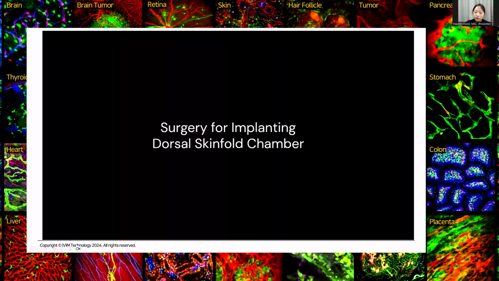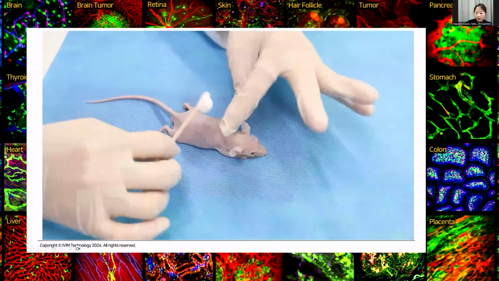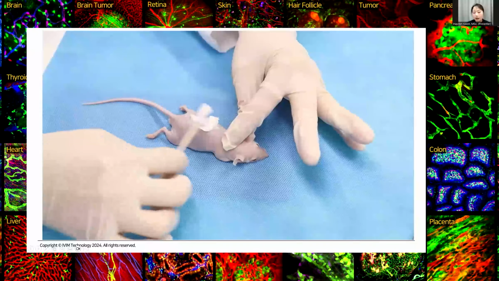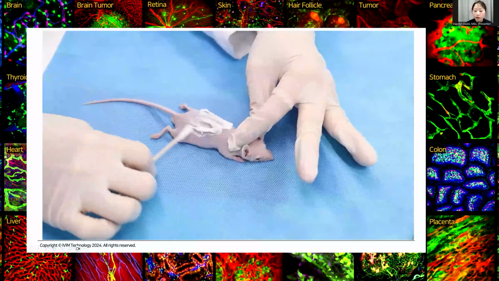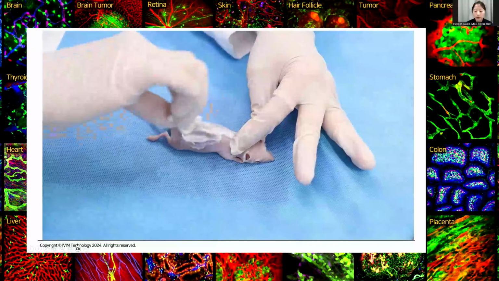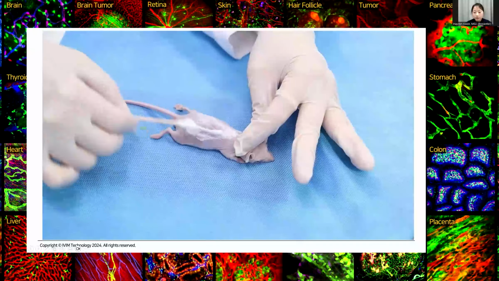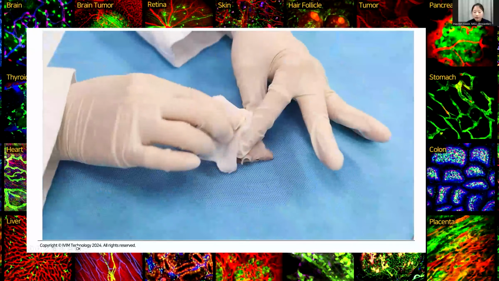And I briefly prepared the surgical procedure video for implanting the dorsal skin fold chamber. First, I remove all dorsal hair with depilatory cream, and after wiping it out, just look through the skin to find the beautiful vascular structure on the skin.